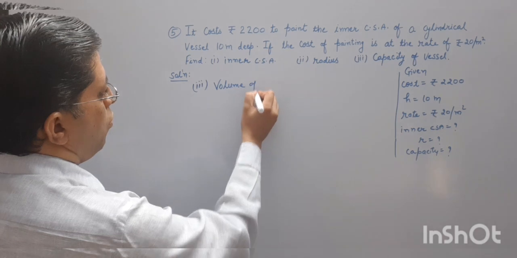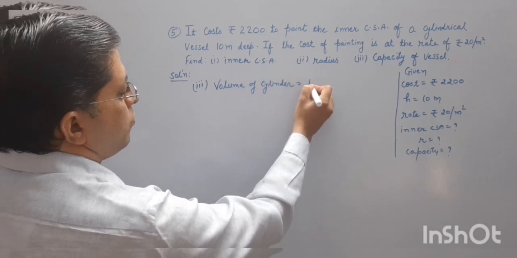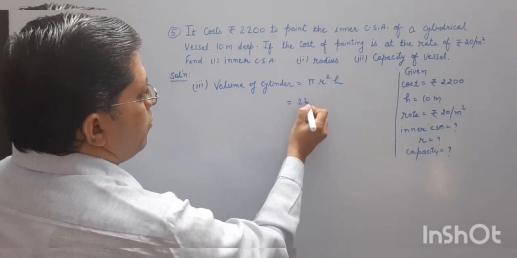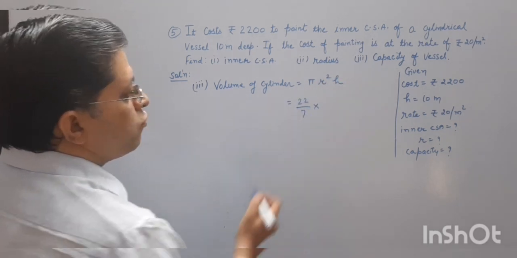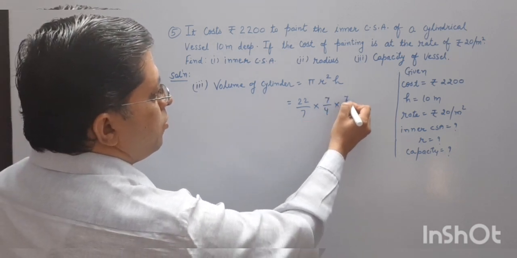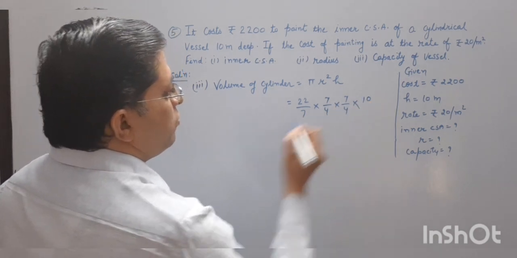The value of pi is 22 upon 7, r is 7 upon 4, so r square is 7 upon 4 squared, and h is 10.